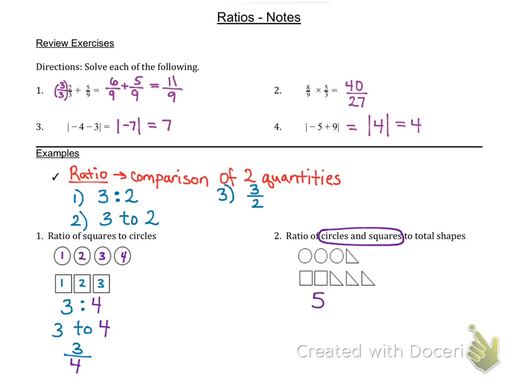So we have 5 to total number of shapes. Well, if I add up the total number, we have 1, 2, 3, 4, 5, 6, 7, 8, 9 total shapes. So that would be 5 to 9. I could also write it as 5:9, or I could write it as 5/9.